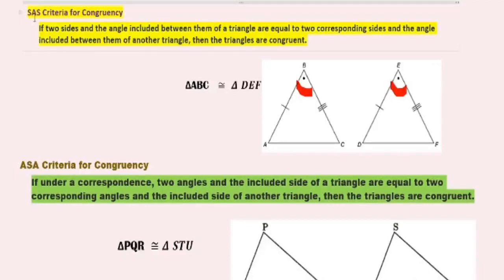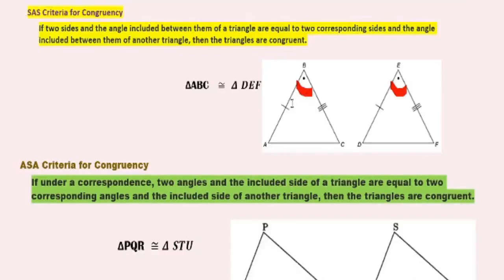Here S means side, A means angle and again S means side. So side, angle, side criteria. In two triangles we are checking two sides and the included angle.